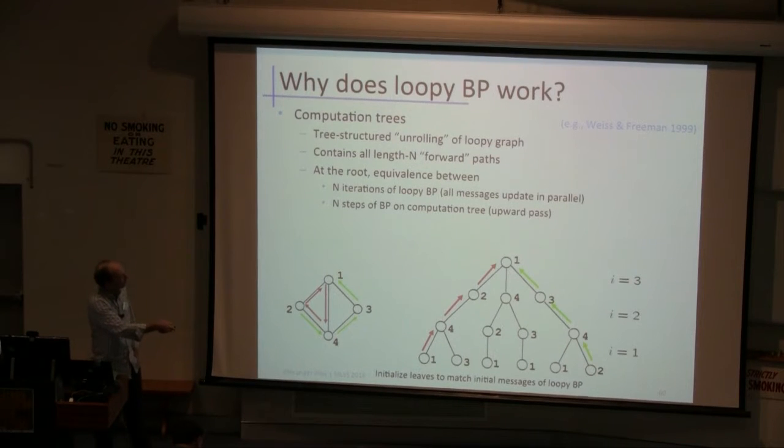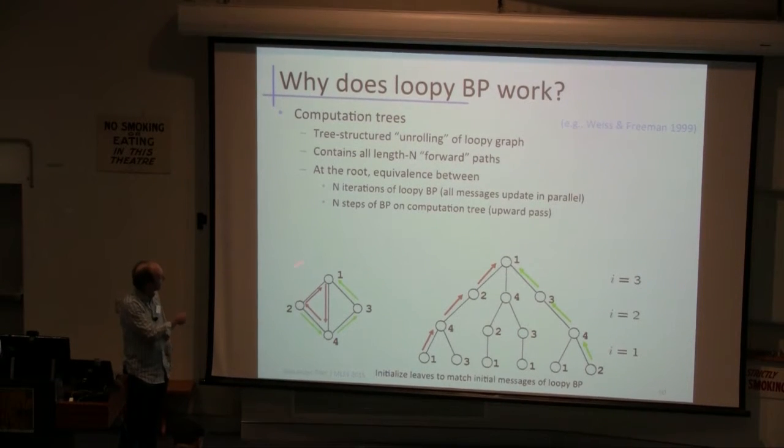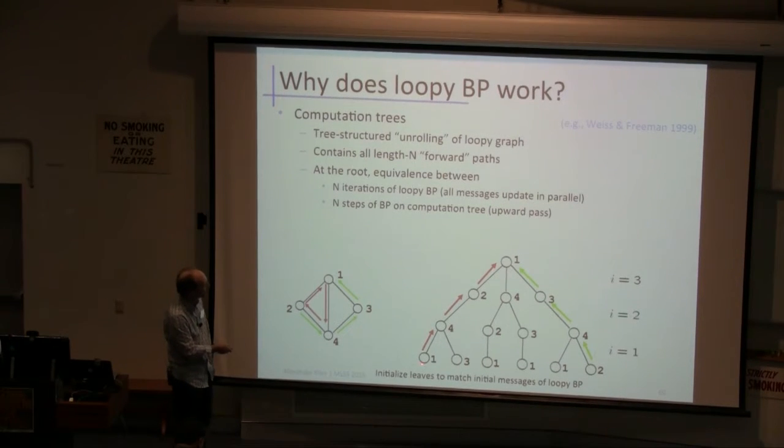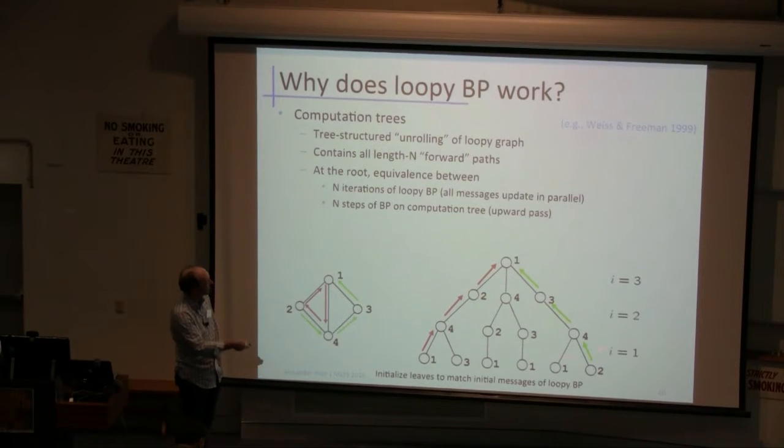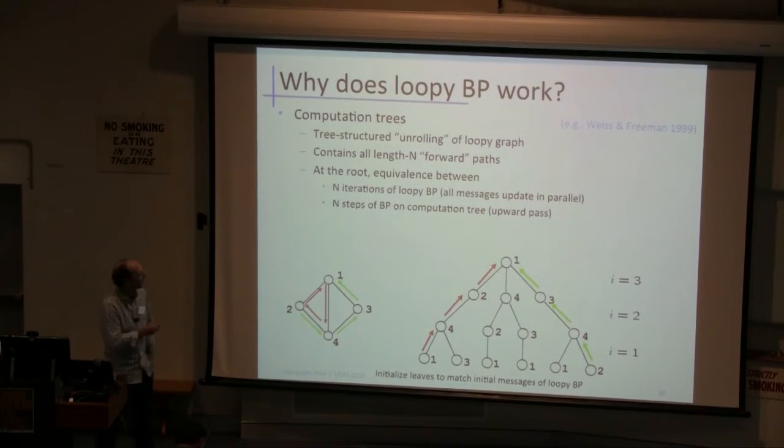And so, the loopy message passing in this graph with cycles can be viewed as just an upward sweep of exact inference in this rather strange thing called the computation tree. So in fact, if you initialize your messages at the leaf nodes here in the same way you initialize them in the loopy model, in the first pass of message passing in the loopy model, you'll calculate the messages going to this level of the tree.